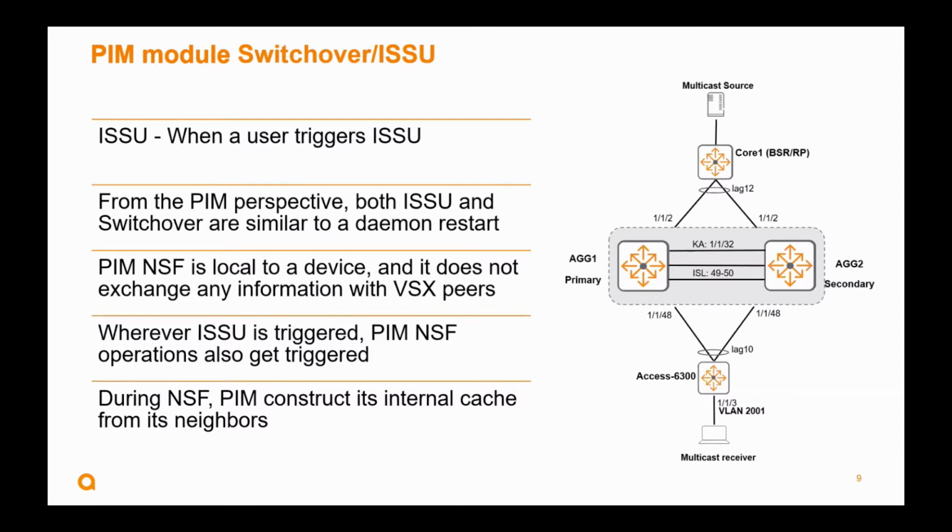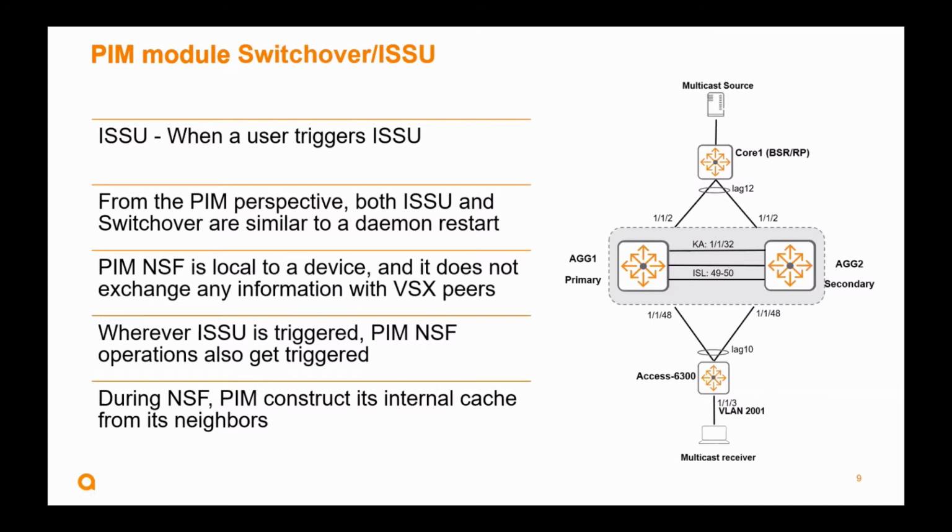Here's the key thing: when the PIM daemon starts, a check is made to see if the VSX switch update or upgrade is in process by checking the control plane shutdown initiated state. And if the device is in the process of the upgrade, then nonstop forwarding is not activated. So this is something to keep in mind, because it does check. If it's in the process, then it will not activate.